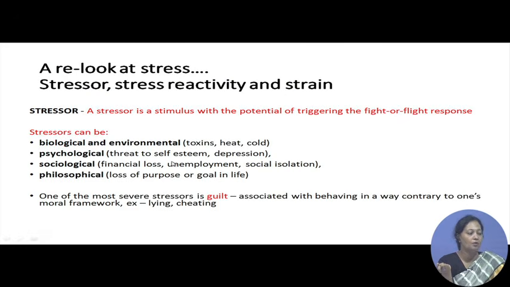We spoke of toxins, heat and cold, and psychological stressors, which are internal stressors, such as threat to self-esteem and depression. Sociological stressors could be financial loss, unemployment, bereavement, social isolation, and philosophical stressors, that is, loss of a purpose in life.